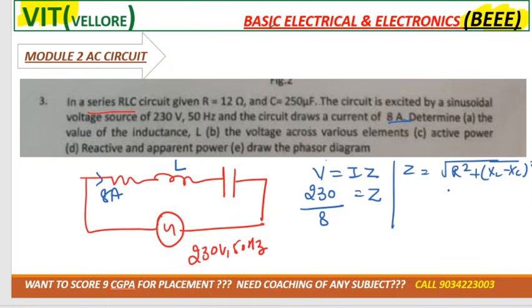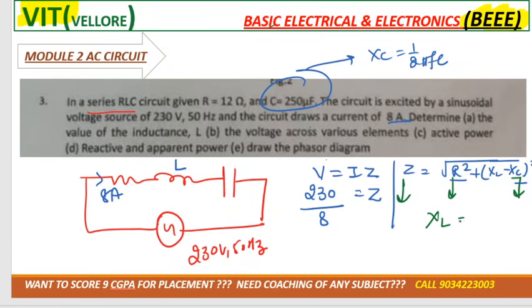Z value we obtain. R value they have given. XC we can get from C: XC is equal to 1 by 2 pi FC, right? So we know Z, only XL is unknown. XL we can get. After that, XL is equal to 2 pi FL, we can get L, right?